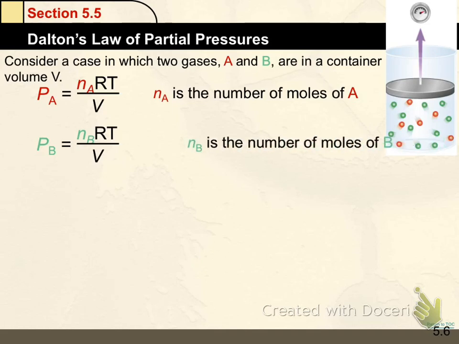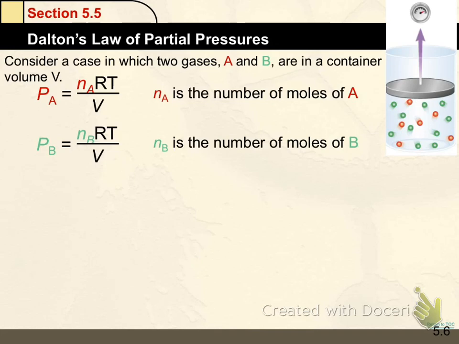Let's look at that same consideration for my other gas, gas B. Okay? Now again, I don't think it's a stretch to understand that if we wanted to know the pressures of each individual gas, and we were lucky enough to know the number of moles of each individual gas, we could certainly find that pressure without a lot of difficulty.